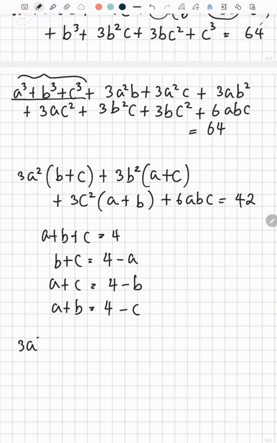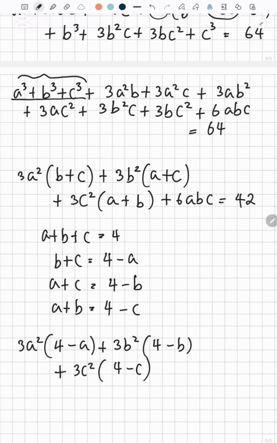So I can write 3a squared into (4 minus a) plus 3b squared into (4 minus b) plus 3c squared into (4 minus c) plus 6abc equals 42. Okay, so now let's expand it.